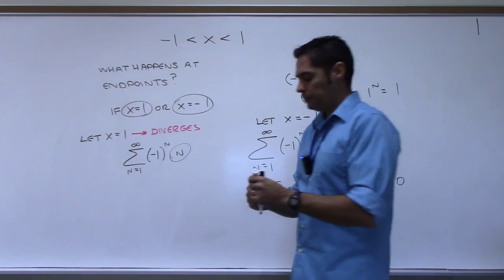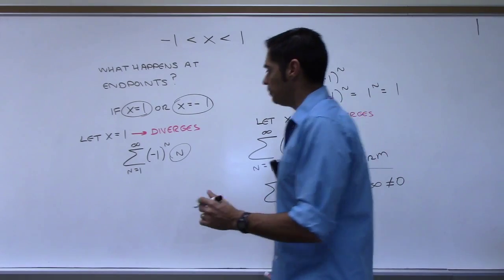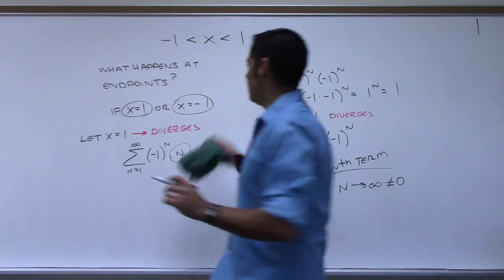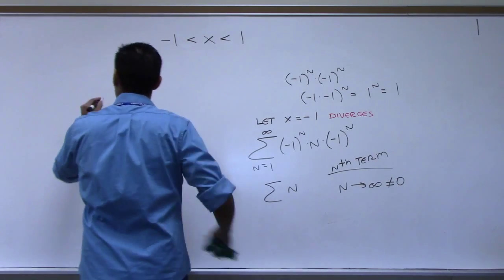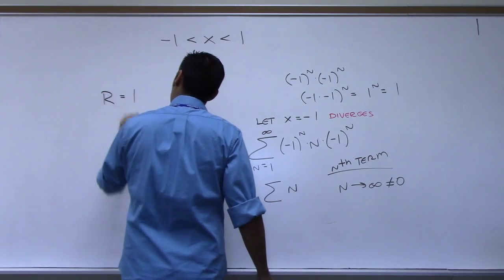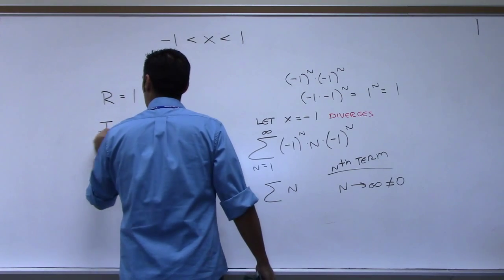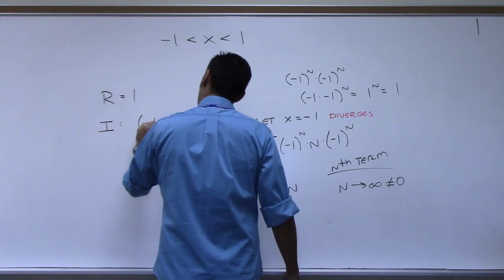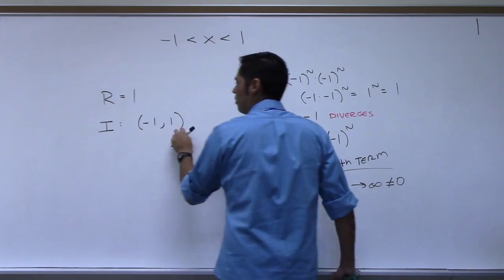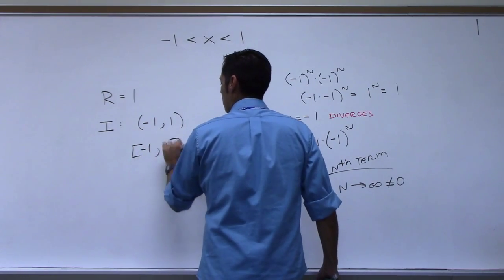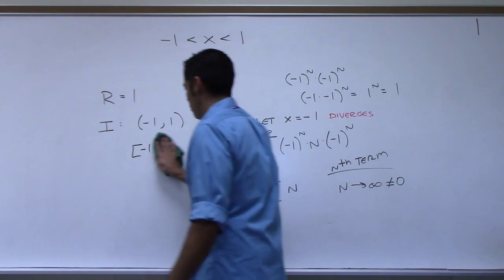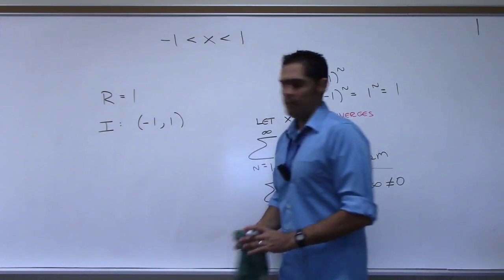So in summary, final answer here for this series. The radius of convergence is 1. The interval of convergence is the interval negative 1, positive 1, not including the endpoints. So if I did want the endpoints, I would have done this. Okay, but I don't want the endpoints, so that's it.